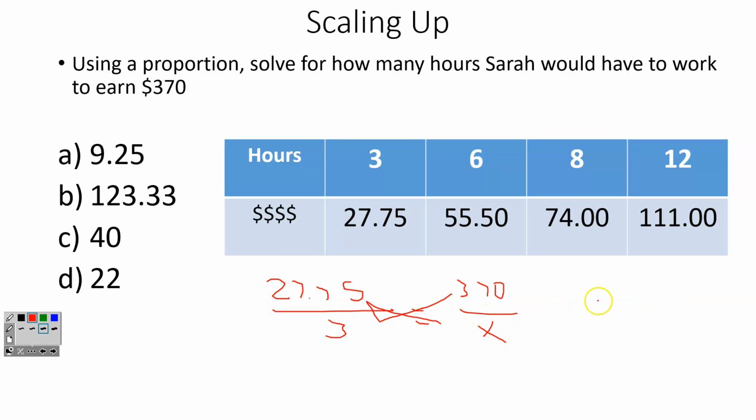We could do 27.75 divided by 3 and get an answer of 9.25. And then take the 370 and divide by the 9.25. And any way I look at it, my answer would wind up being C.